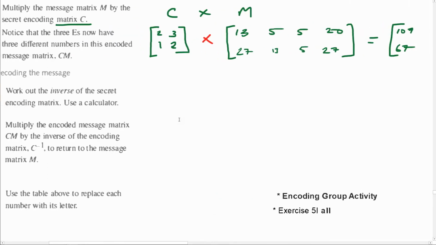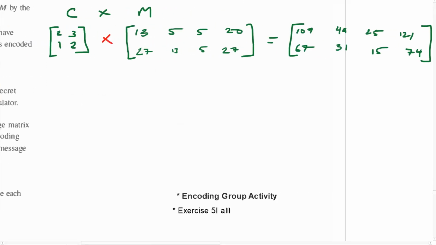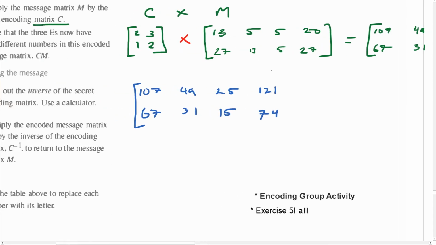So that encoded message with the crazy numbers is this here: 107, 49, 25, 121, 67, 31, 15, and 74. So you have that as your crazy message. You can't decode it.